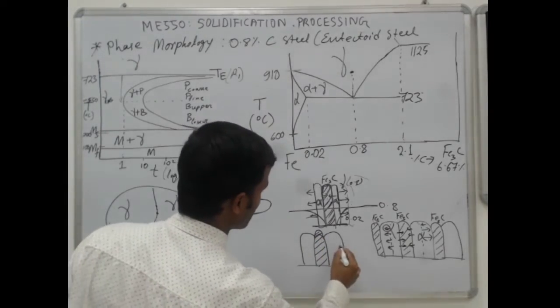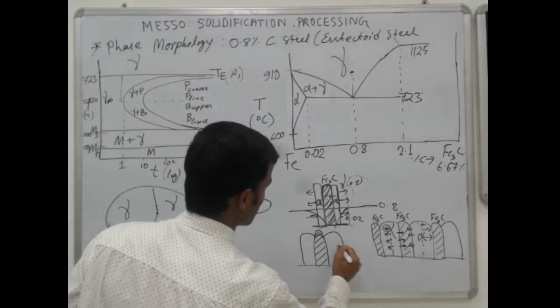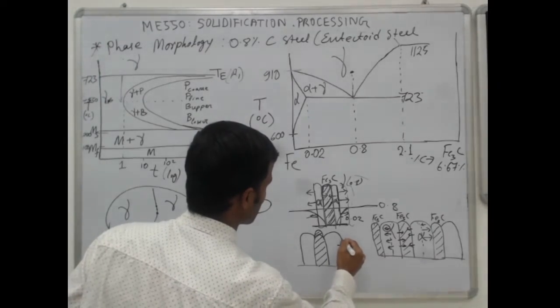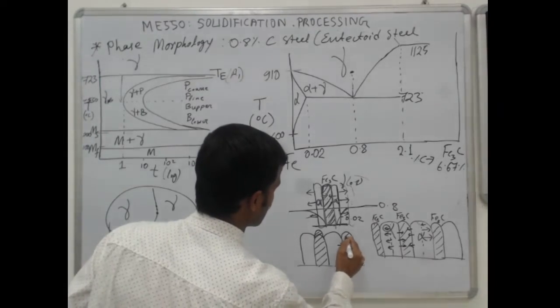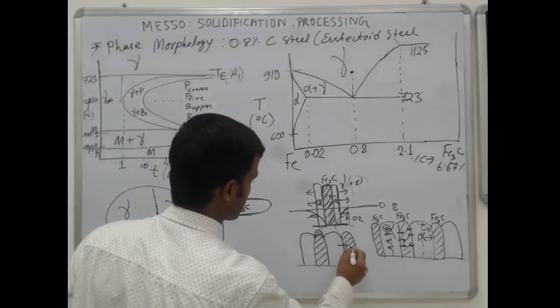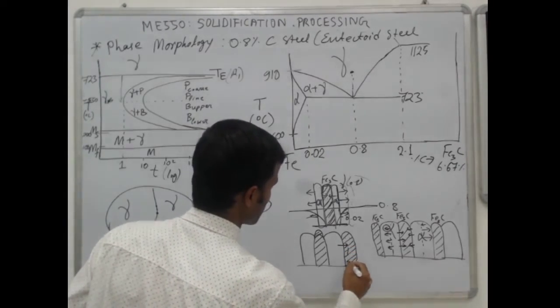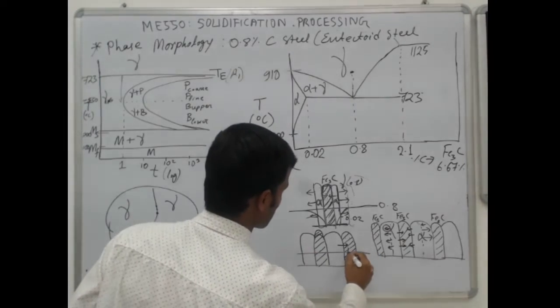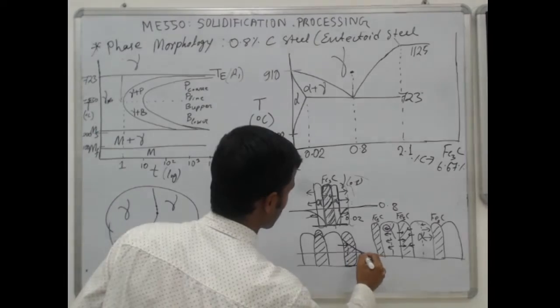Now the ferrite has grown, but how? By depositing carbon atoms at the interface. So here you will again have a very carbon-rich region. The concentration here will be higher and will drop off like this.